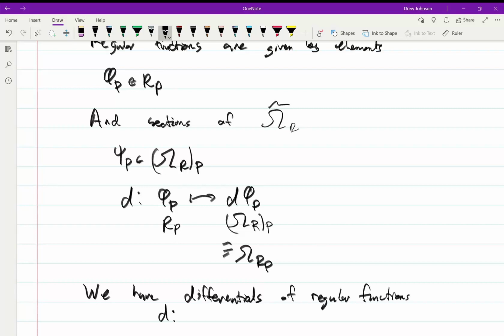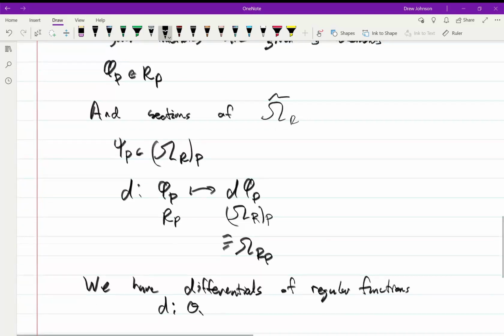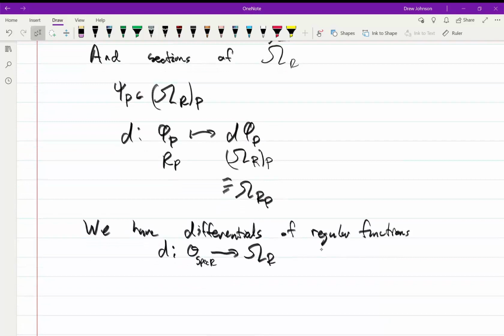So this is d that takes a sheaf of regular functions, O_Spec R, into omega R. Okay, and once again, d is only k-linear, so it's not a morphism of sheaves of modules.